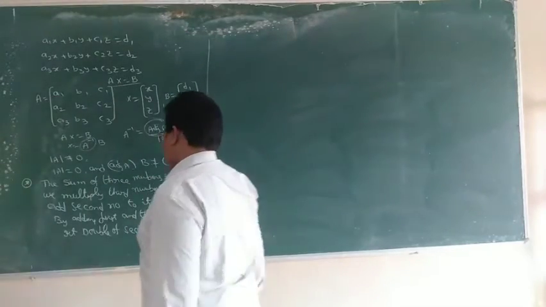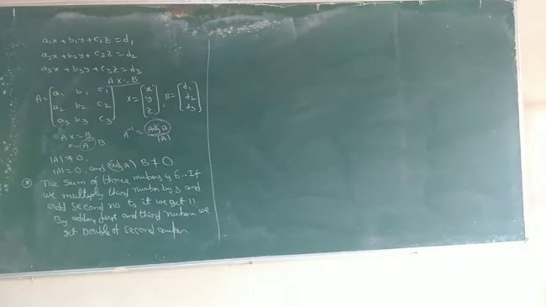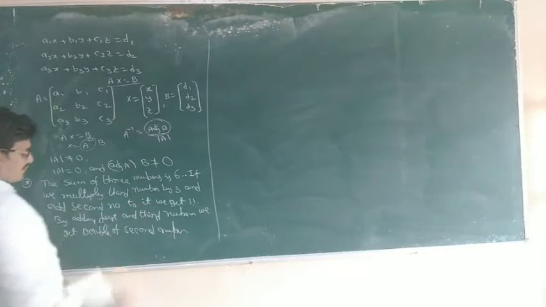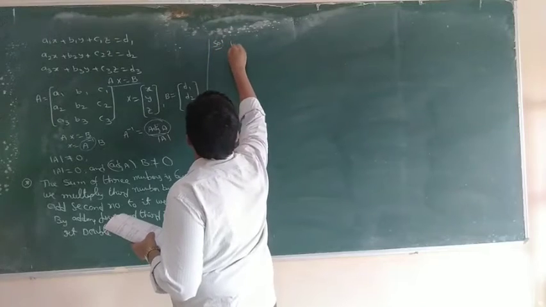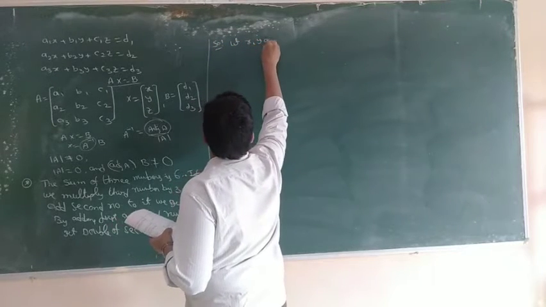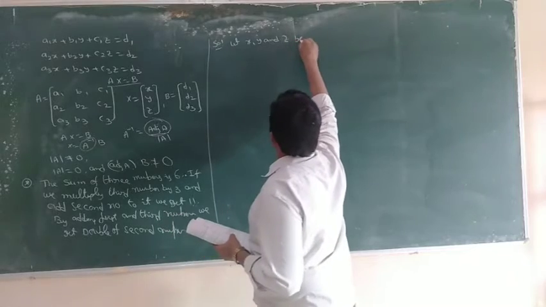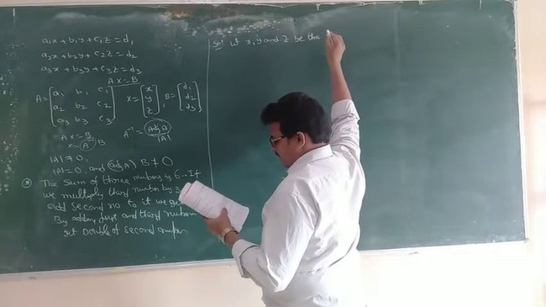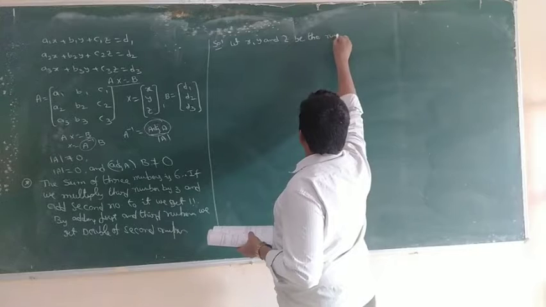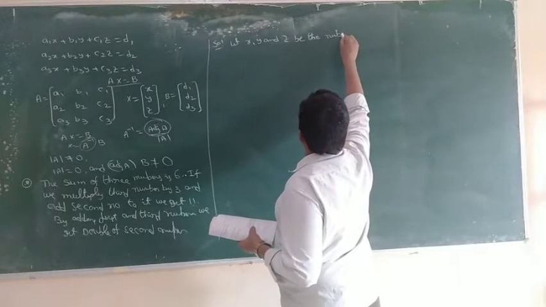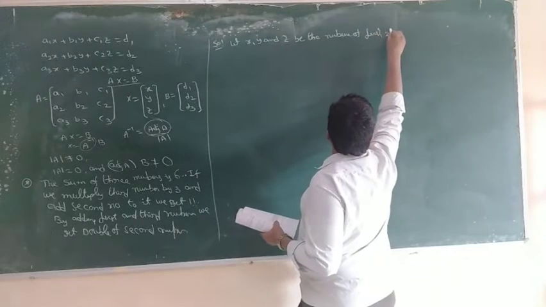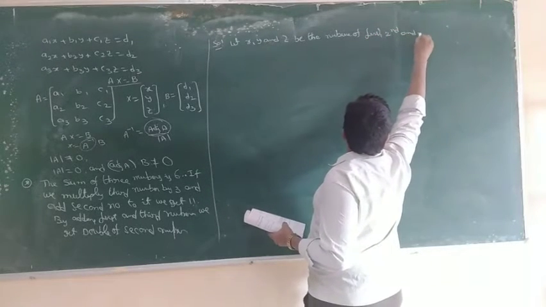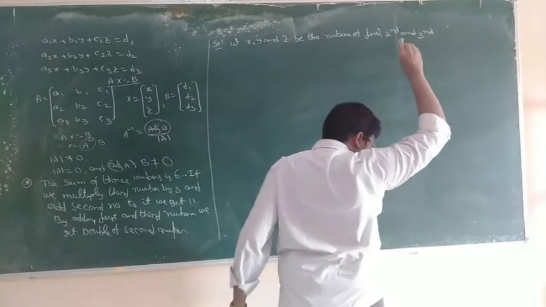Once again, the sum means adding, plus. So, the sum of three numbers. First of all, let X, Y, and Z be the numbers of first, second, and third respectively.